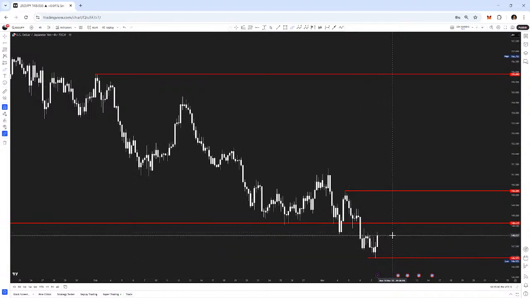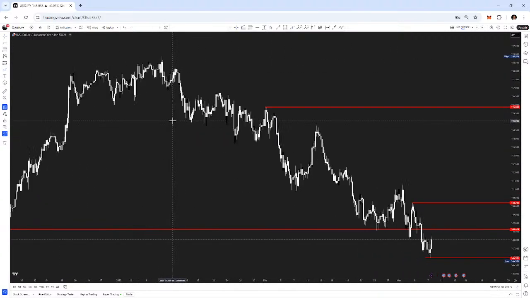But if a buyer starts to step in right here and we break with this particular high, I would consider this a very important shift in the structure in this market. Why? Because if you notice, on all of this move, we have never shifted with the true structure of the market.